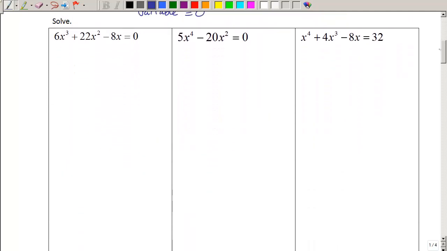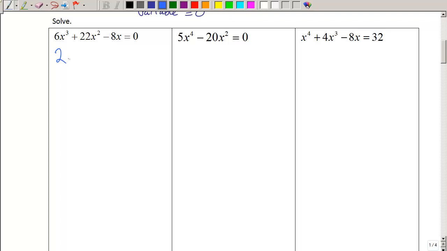Our first practice problem, 6x cubed plus 21x squared minus 8x equals 0, is already in general form. The expression is set equal to 0. Next, I'd like to see if there's any GCF. Looking at 6, 21, and 8, we have a GCF value of 1.